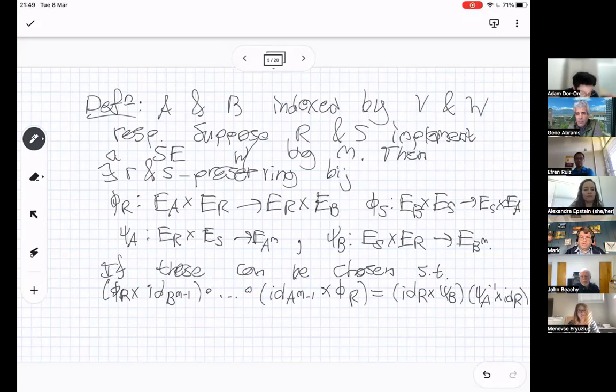Okay, and similarly for phi S. So you replace phi R with phi S, you replace B with A, and identity on R with identity on S, you get the same relation.